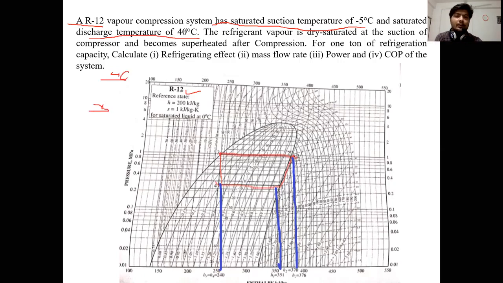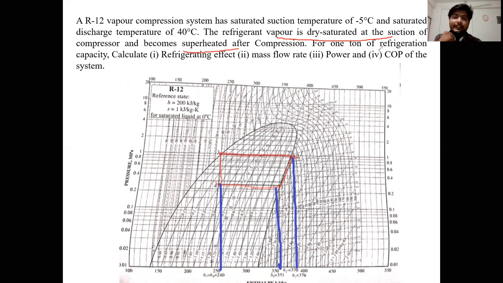Okay. So the refrigerant vapor is dry saturated at the suction of the compressor and becomes superheated after compression. The condition is given: the refrigerant vapor is dry saturated at the suction. That means point 1 lies on the saturated vapor line and point 2 outside the saturated vapor line.